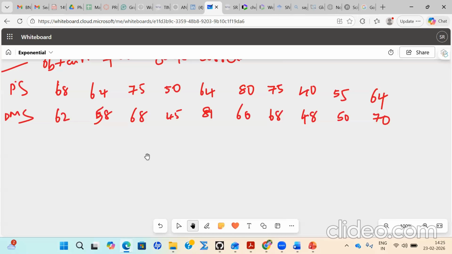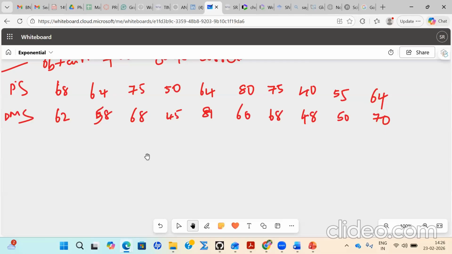Because there are repeated marks, we have to allot repeated ranks, right? Another important thing: while giving the ranks, whoever has the highest marks will get rank 1, right?